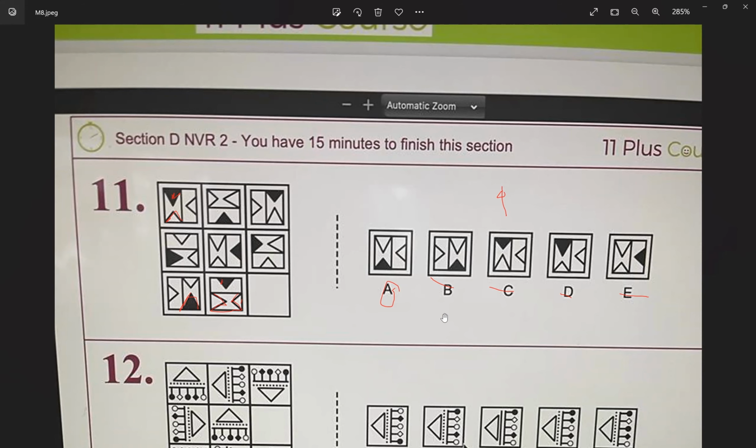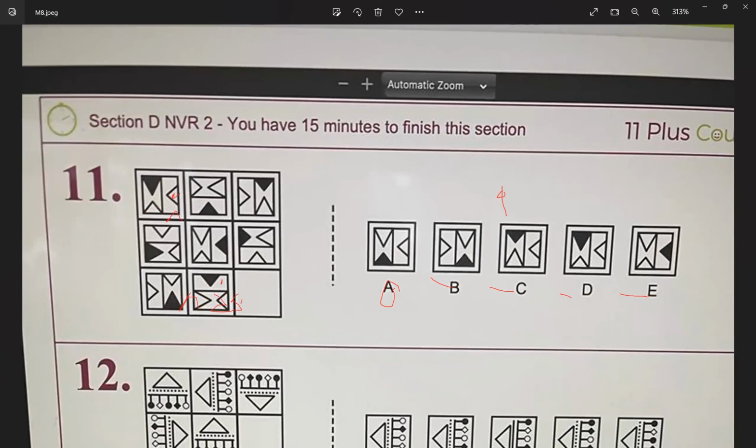The shadings are changing. Let me tell you how. There are different ways of looking at a question. What I see is, I split this shape into two parts, this part and that part. Every shape here is turning 45 degrees clockwise: here, then this side, then bottom, then left, top, right, bottom. Now it's going to be on the left. This eliminates option B, so B cannot be the right option.